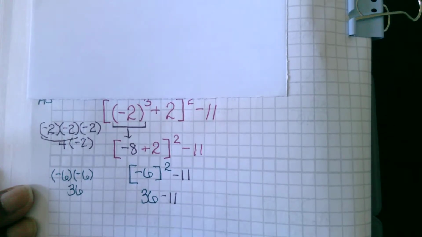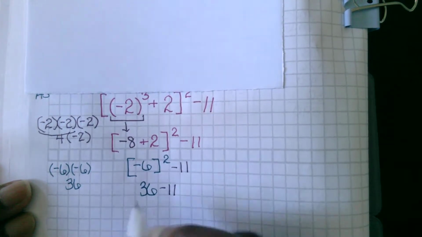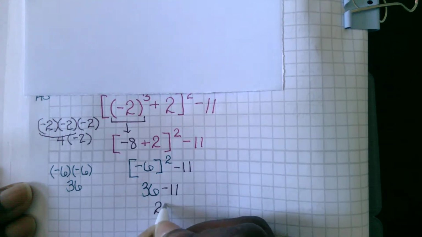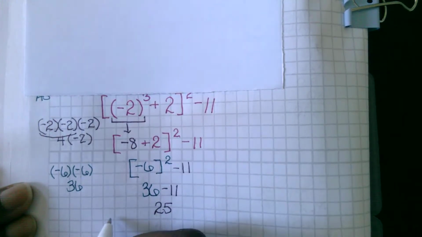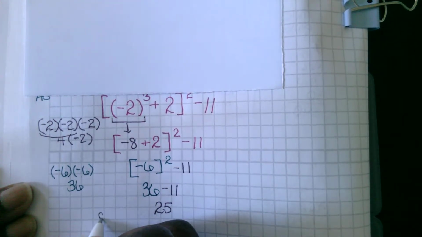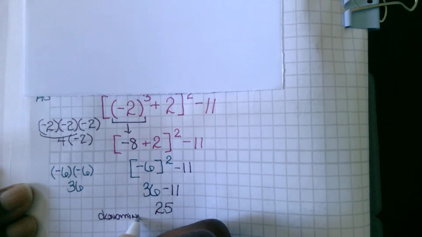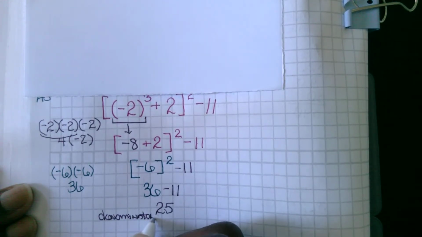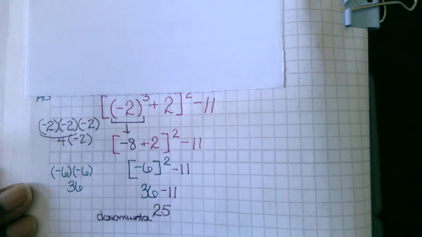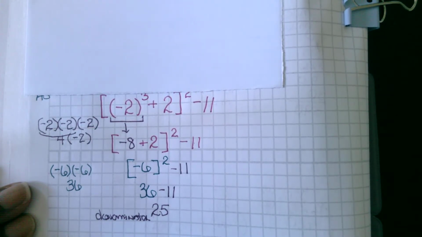So 36 minus 11 is what? 25. Okay, I'm going to put it over here, your denominator. So that's what the 25 is.